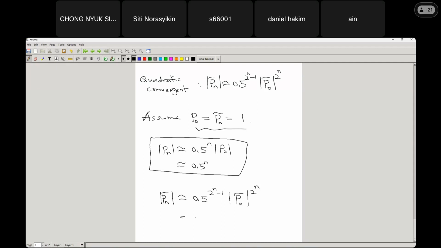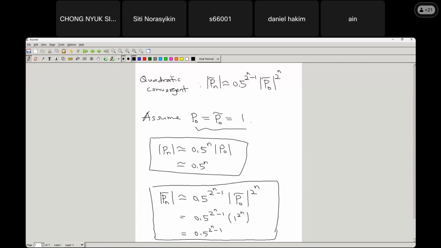So actually I have 0.5 power of 2 power of n minus 1 times 1 power of 2n. 1 power of anything, you get 1. So that means this is equivalent to 0.5 power of 2 power of n minus 1. So I put it in the box. So this is the quadratic part.